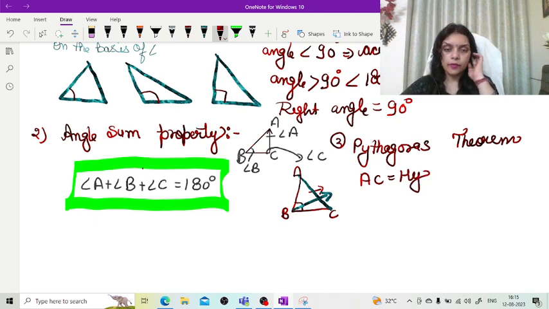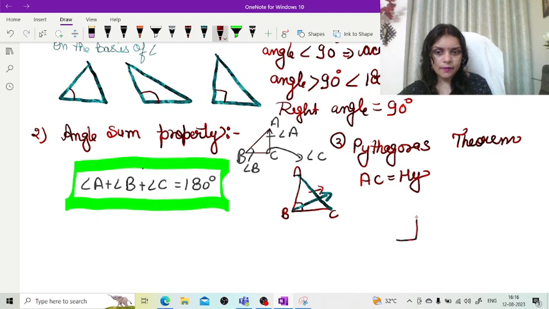Now what is base and what is perpendicular? This is base and this is perpendicular, correct. If someone says, no ma'am, this is base and this is perpendicular, he or she is also correct, right? Both of them can be perpendicular or can be base, right? How? Suppose we are rotating the image. If we rotate the image, it will be like this, right?